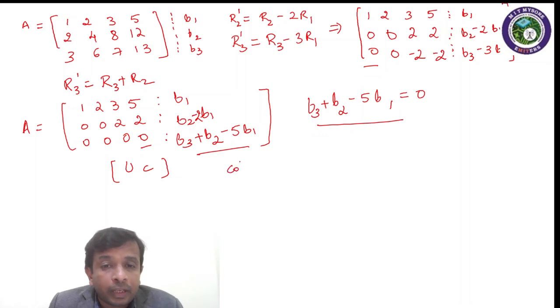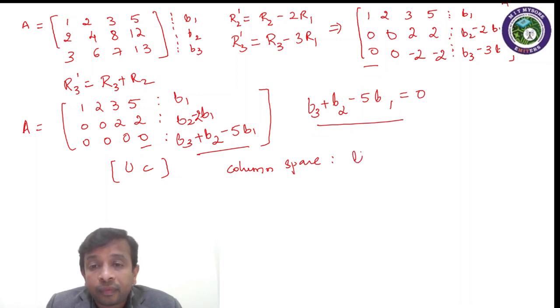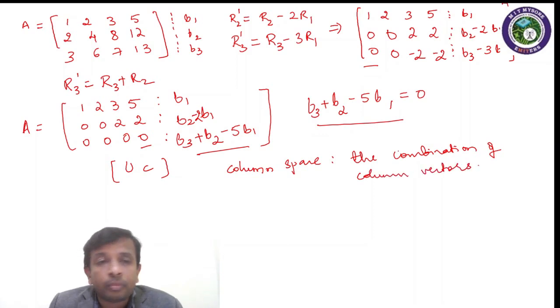Now for the column space, the linear combination of the column vectors with pivot elements would be the column space.